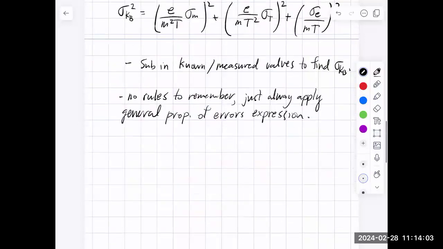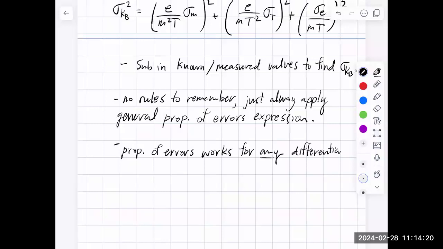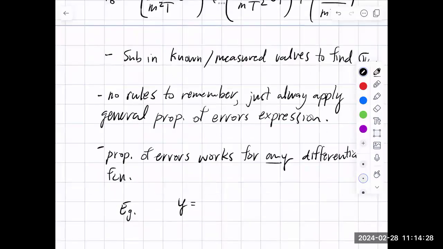So let's do that example. Propagation of errors works for any differentiable function. So for example, let's say y is equal to the ln of x.